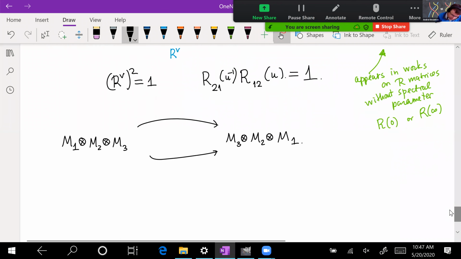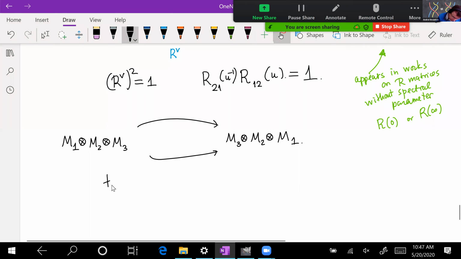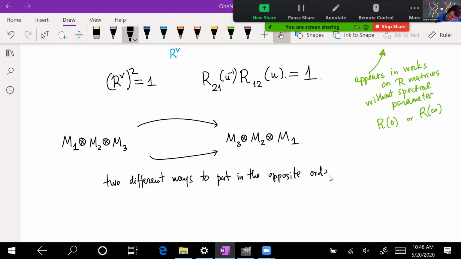In principle it could be something, but what will happen in our case is that the two different ways to put it in the opposite order are simply equal. So this is the famous Yang-Baxter equation.